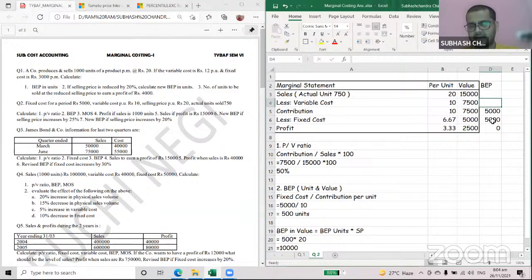And your BEP units are 500, and it's 500 into 10. So this will give you 5,000.